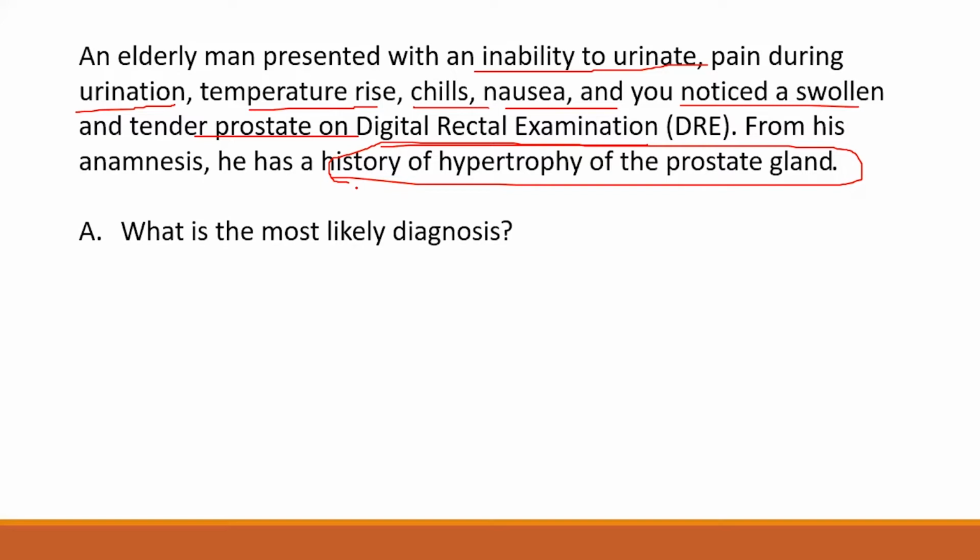Like I said, you are thinking of some sort of infection that could block the passage of the urine. Or someone can say this is acute urinary retention secondary to acute bacterial prostatitis. And you can be correct, isn't it? Because if you have a history of BPH or hypertrophy of the prostate gland, it can lead to what?